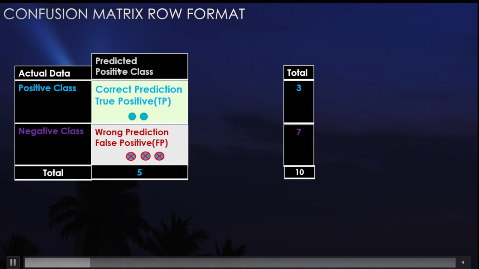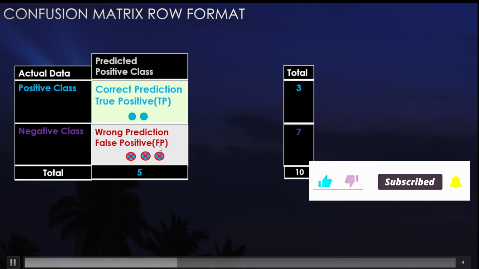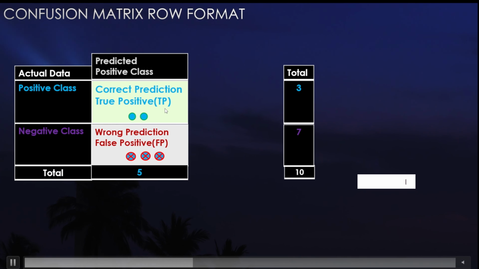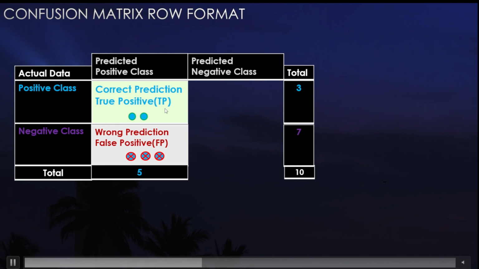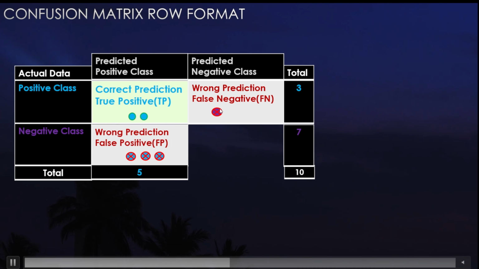So in total, the prediction is 5 for the positive class, although the true count, which is represented by the row, is actually 3. That's how the error comes into the picture. The errors here are 3, which is false positive. Now you also want the model to predict the negative class, and there also you will see some error happening. In this particular case, the model has wrongly predicted one of the positive class, therefore this is a false negative.